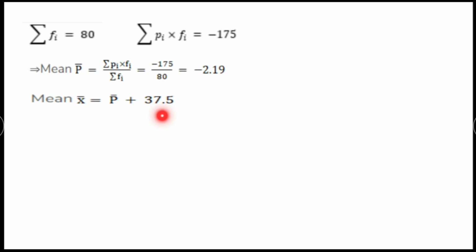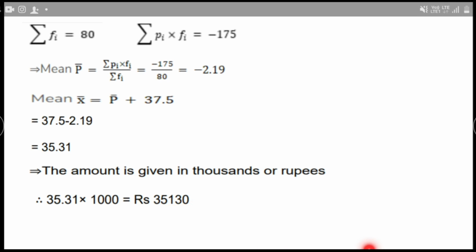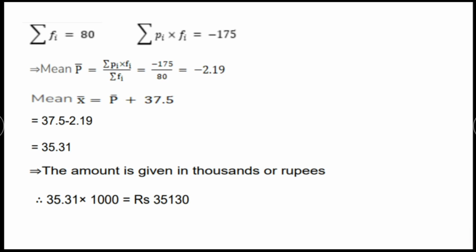So the value of a is 37.5 and the value of p bar we calculated is minus 2.19. So we write here 37.5 minus 2.19. So after subtraction we get 35.31. The amount is given in thousands of rupees, so 35.31 into 1000 equals to 35,310. So in this way we solve this using the assumed mean method.